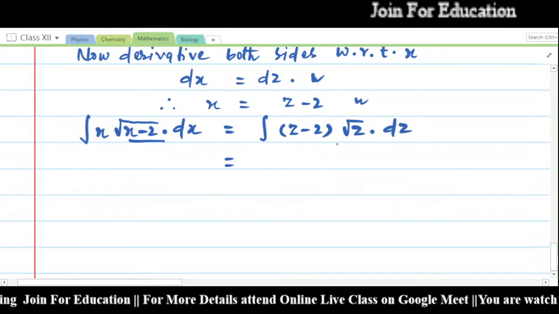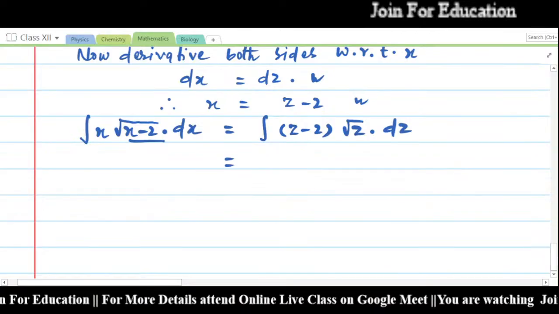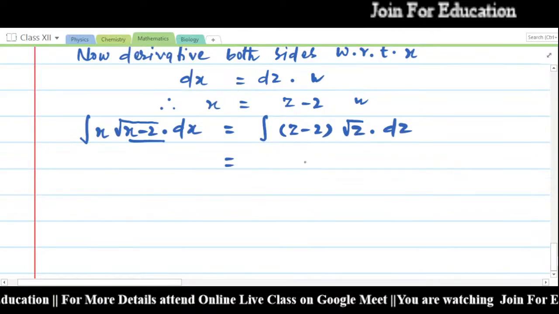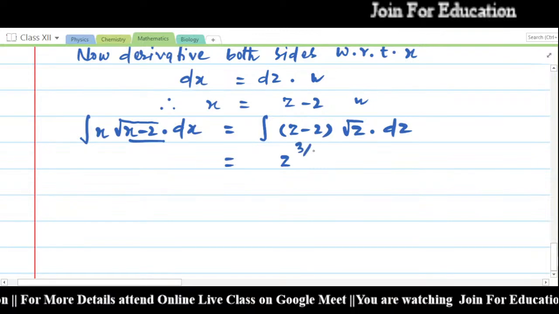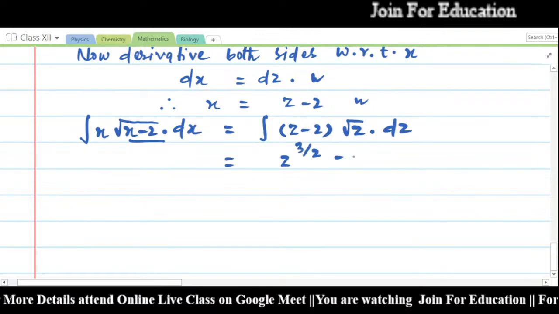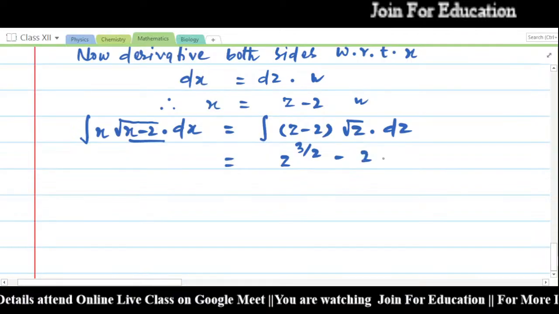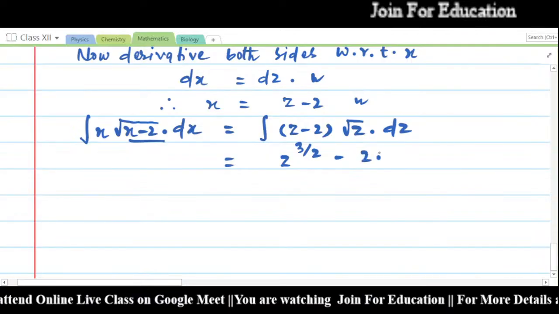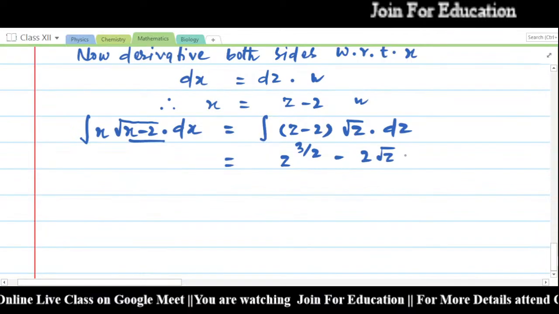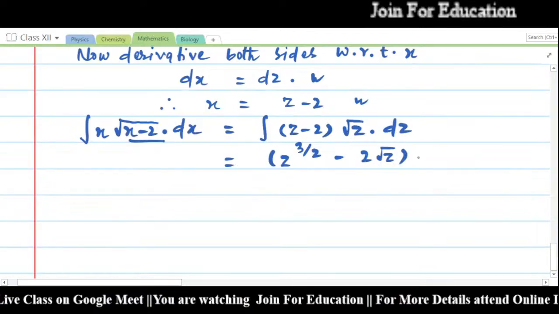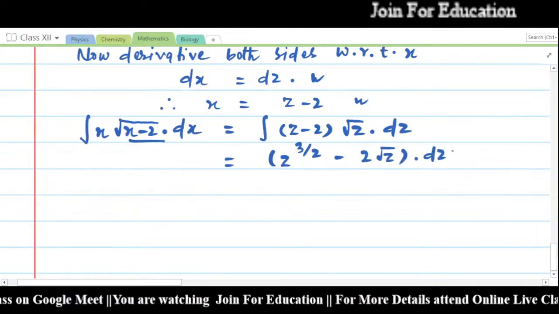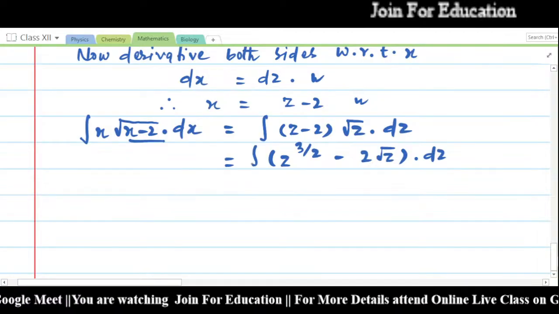So the next step here will be z into root z equals z to the power 3 by 2 minus 2 into root z into dz, and put the sign of the integration.